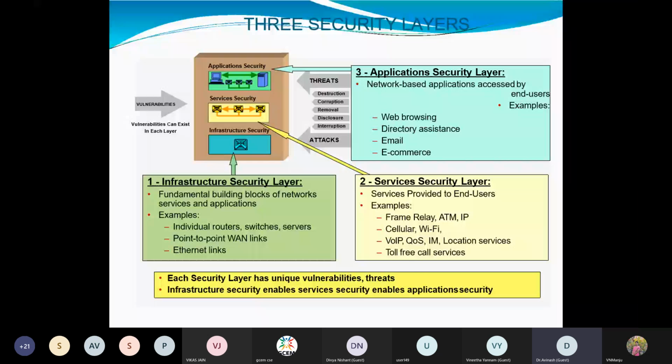The third one is called the application security layer. The application security layer is responsible for running the applications, for example, the network-based applications accessed by the end users. That could be web browsing facilities, directory assistance, email services, or any kind of e-commerce transactions.